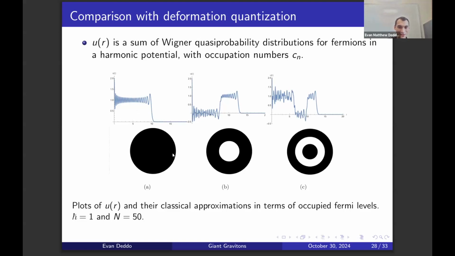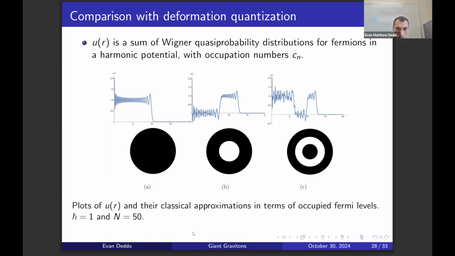These pictures show the classical configurations you'd expect, and then using deformation quantization we can look at these quantum u's, this quantum density, and we find that it's not just 1 or 0 anymore. These configurations have some fuzziness, which says that the description of the metric, where we expect it to be non-singular, is breaking down.